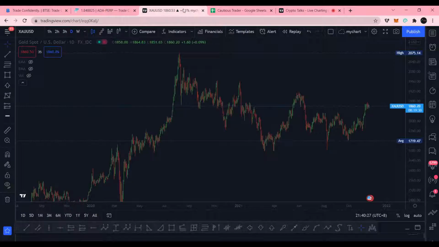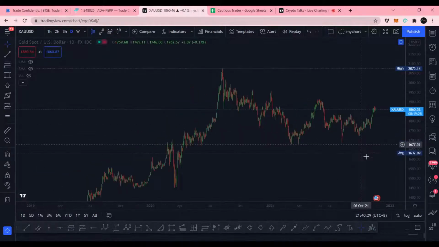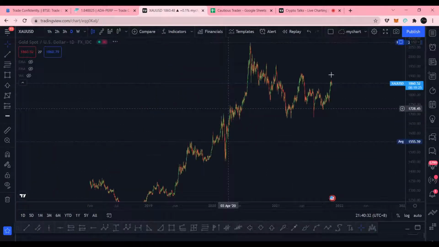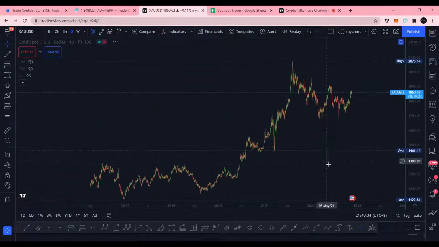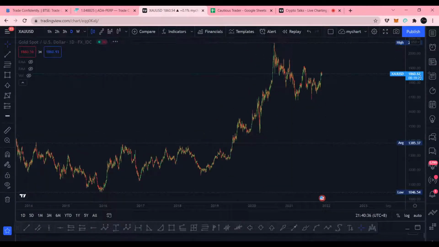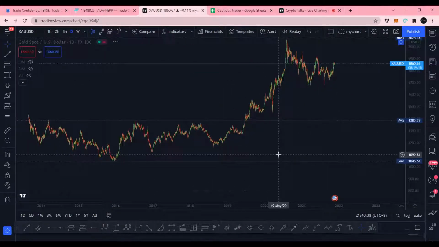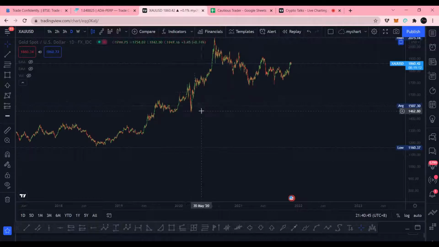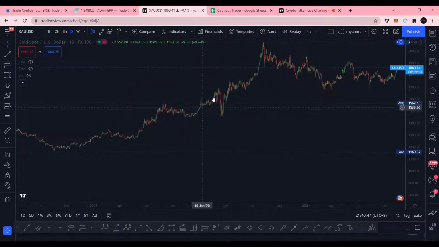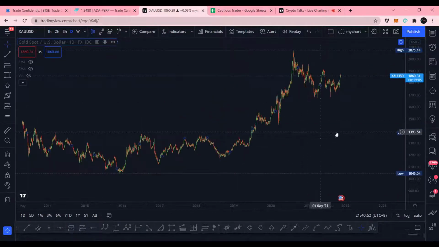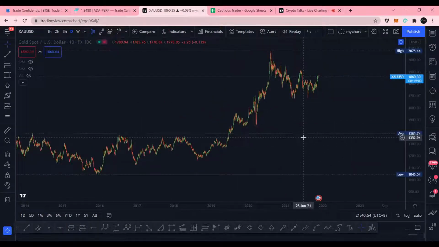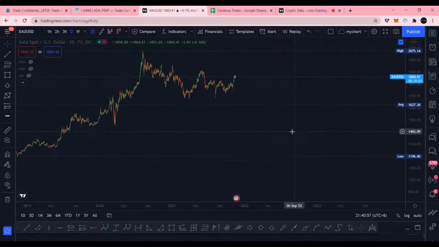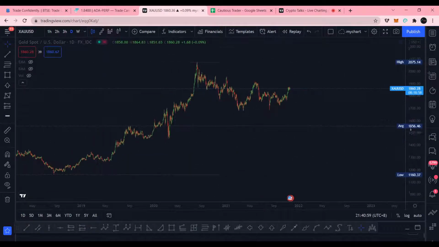Ano na bang nangyari dito sa XAU natin? I lost track of it. Because right after the pandemic, yeah, right here, March 2020, right? I started trading this gold. Anyway, so yeah, basic lang tayo.